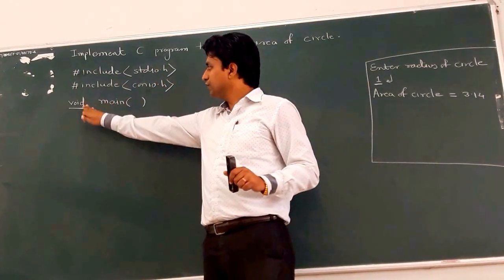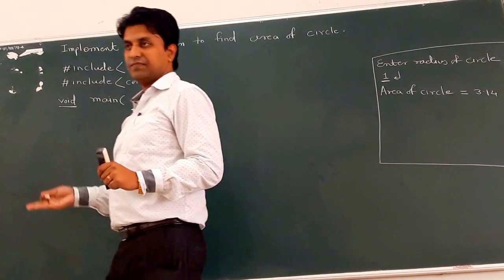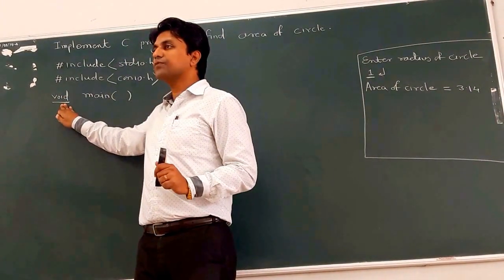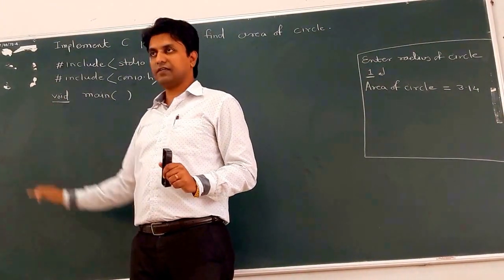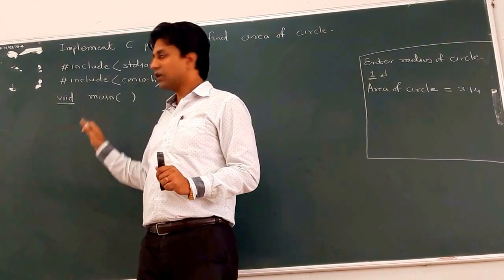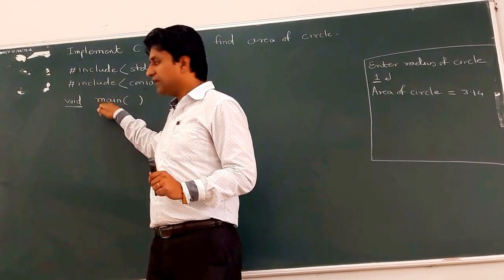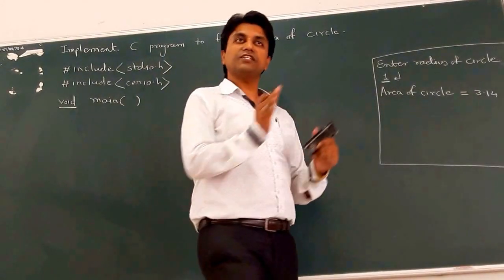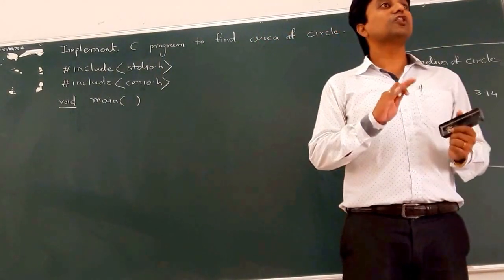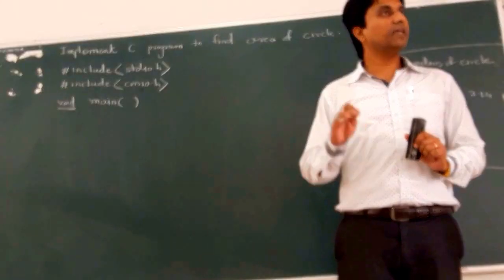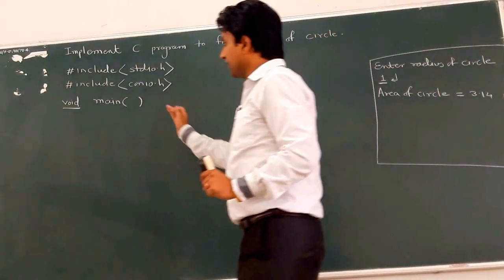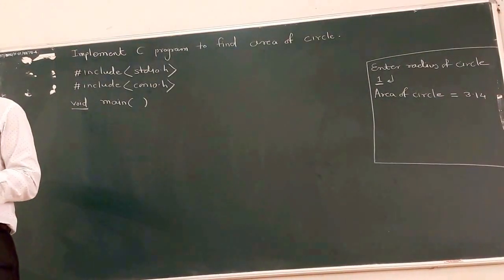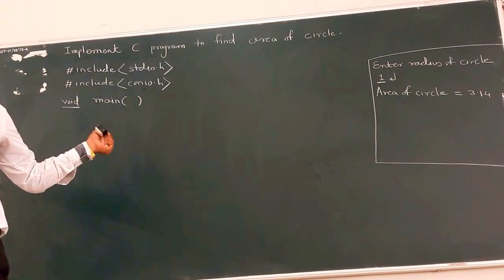If we use ANSI C, then here the return type of the main function is always int. Clear? Because the main function returns 0 for successful termination of the program and a non-zero value, meaning any value like 1, 2, 3, if the program terminates unsuccessfully. So this is the notation for ANSI C.